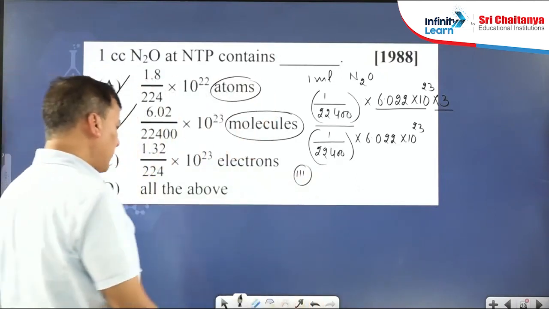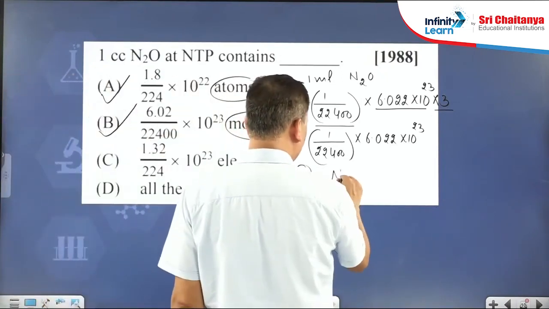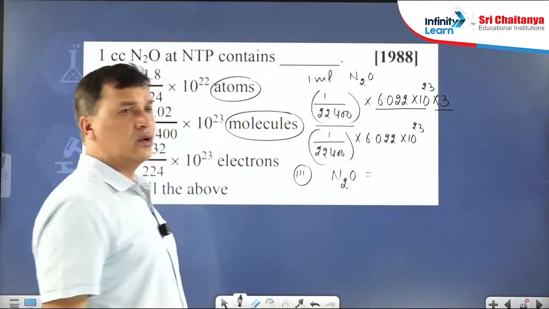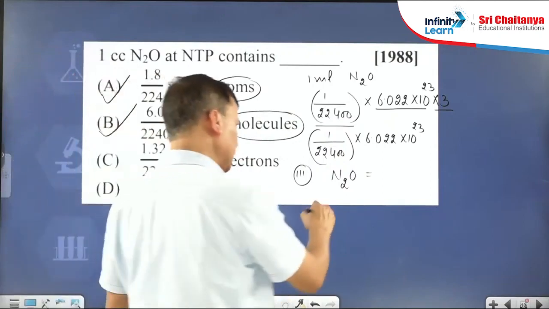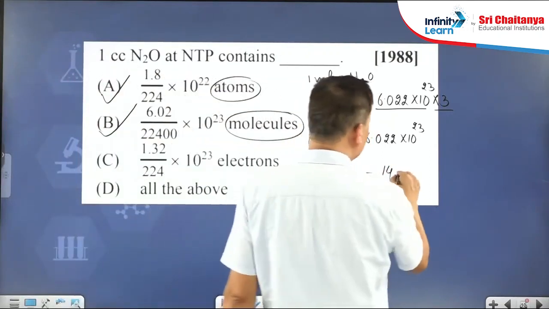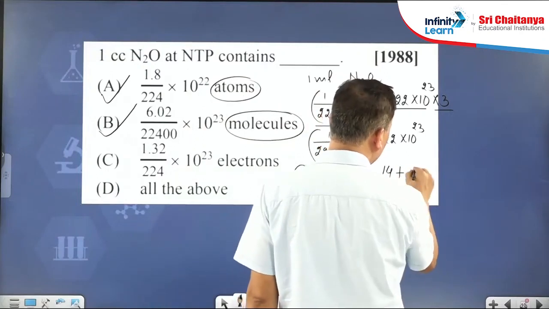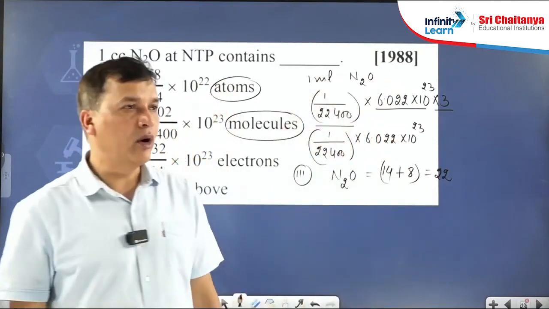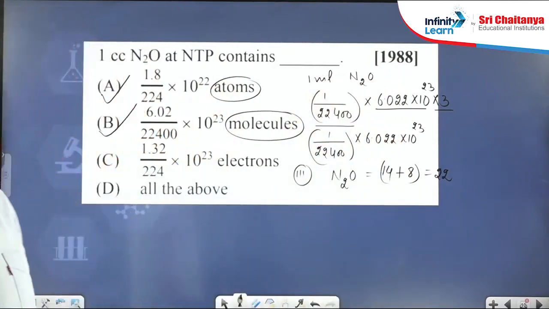electrons. So I am asking you, which one is this? Nitrous oxide. How many electrons does nitrogen have? 7. 7 twos are 14. 2 nitrogen atoms are there, plus oxygen. How many electrons does oxygen have? 8. That is equal to 22. This is an important one. So please respond.